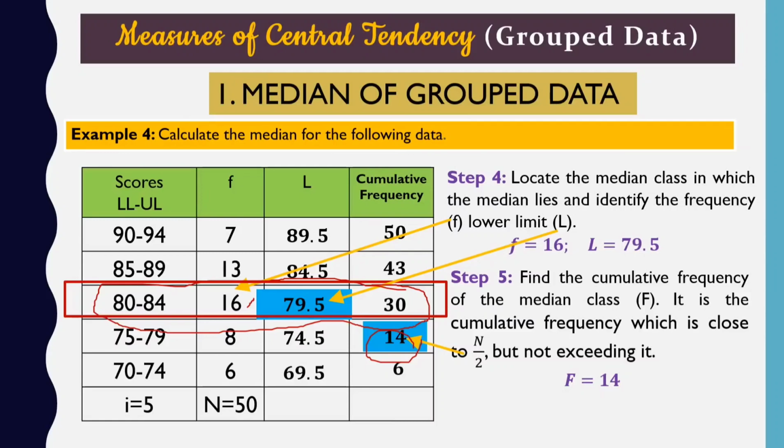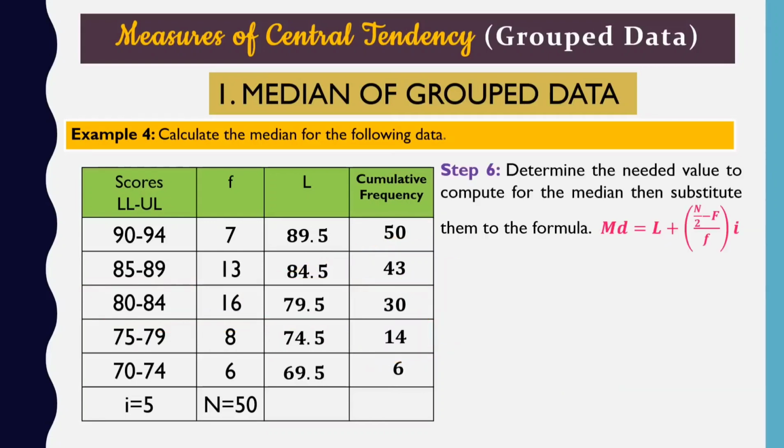Step 6, we have to substitute all of those values in our formula. Here is our formula again, and these are the results that we have obtained from steps 1 to 5. The value of L is 79.5, N over 2, or the median class, is 25. The cumulative frequency is 14, f is 16, and the interval is 5.